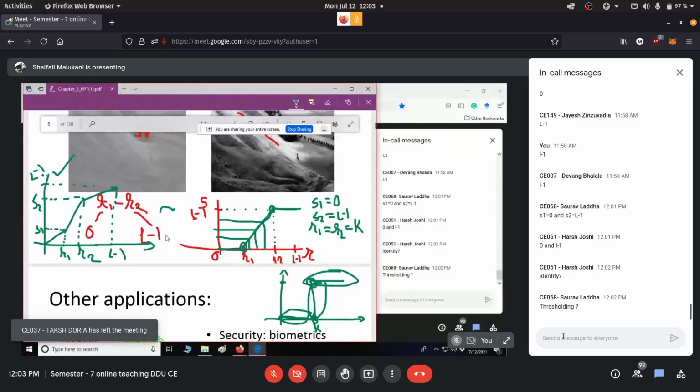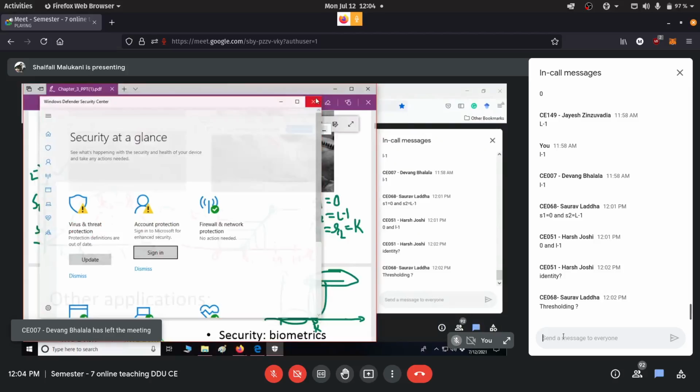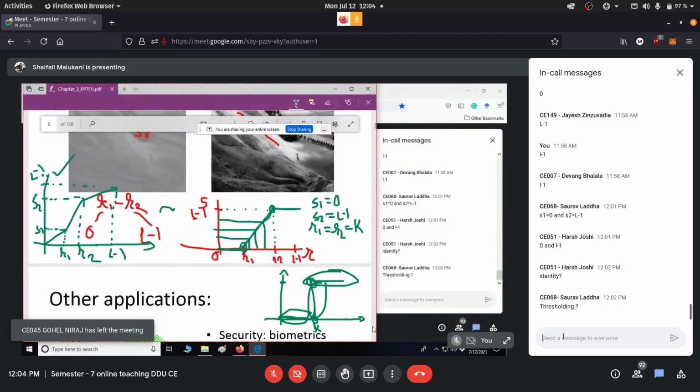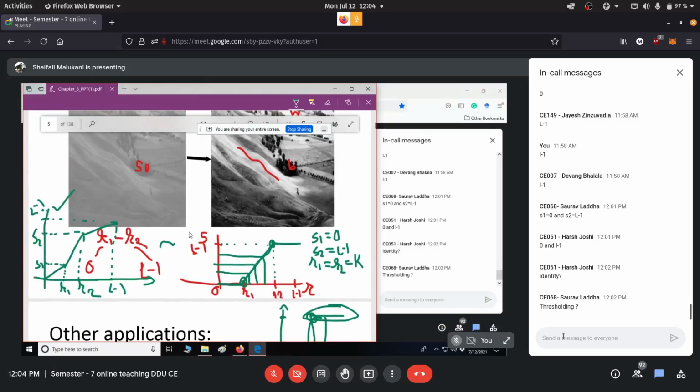Of course, implementation wise, we need not go for thresholding using this piecewise linear transformation. We can implement it in our own method, but you should be able to see pieces in the thresholding operation as well. Comfortable with thresholding operation?